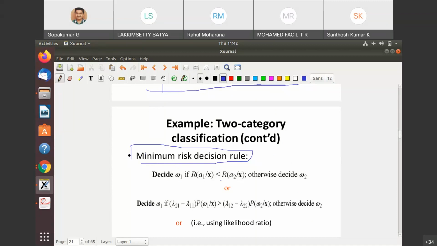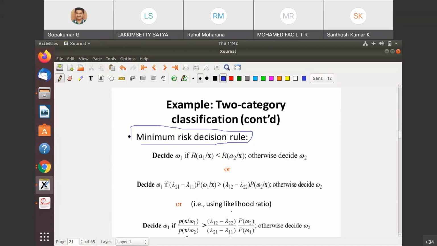Similarly here, with respect to risk, we define the decision rule. Assume that we decide w1 if the risk associated with a1 given x is less than the risk associated with a2 given x. Otherwise, we decide w2.